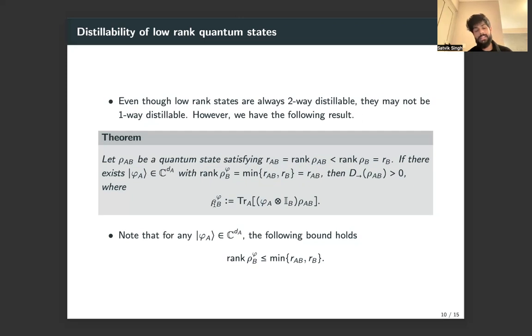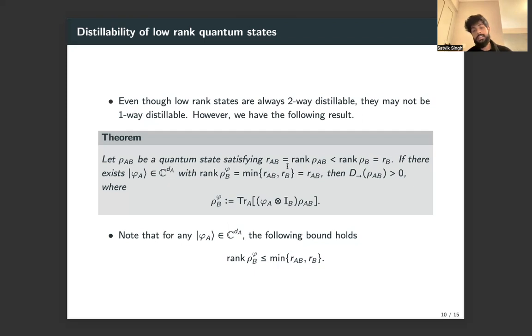You can show very easily that this object always has rank upper bounded by the minimum of the rank of the original state and the rank of the reduced state on the B subsystem. So this bound always holds for any pure state on Alice's subsystem. But what we are assuming additionally in this theorem is that this bound actually gets saturated for some pure state phi A.